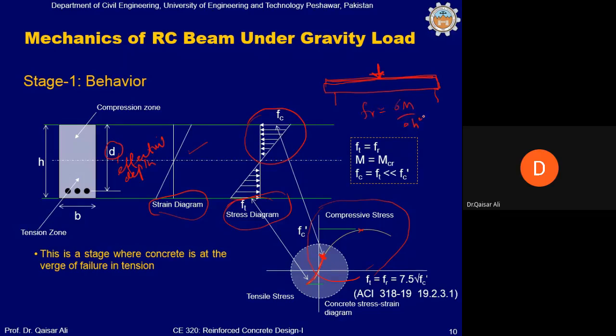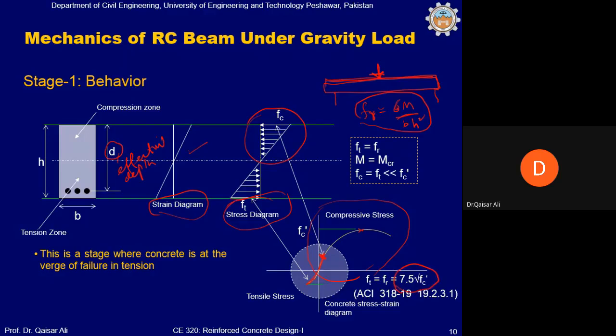This was the case for a plain concrete beam, where the flexure strength in tension was calculated, and this flexure tensile strength for a plain concrete beam is called the modulus of rupture. This modulus of rupture, f_r or f_t, is given by the ACI code as 7.5 times square root of f_c prime.